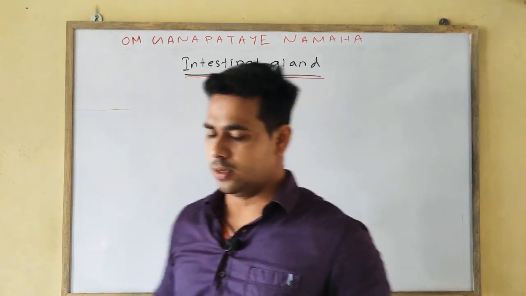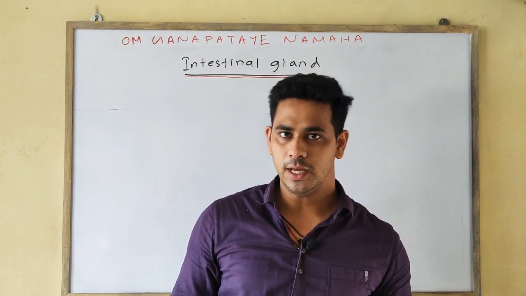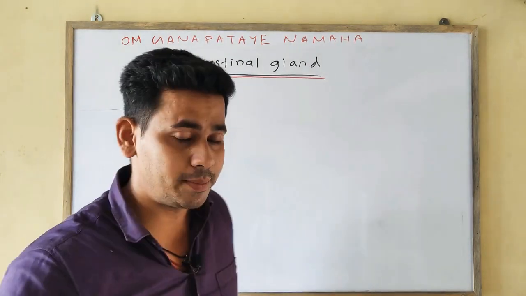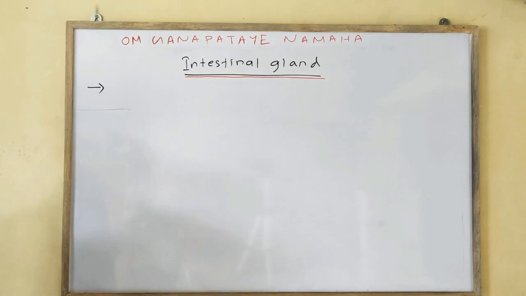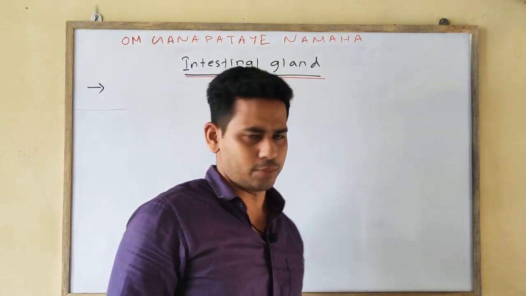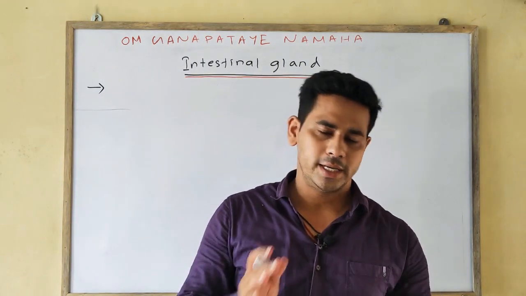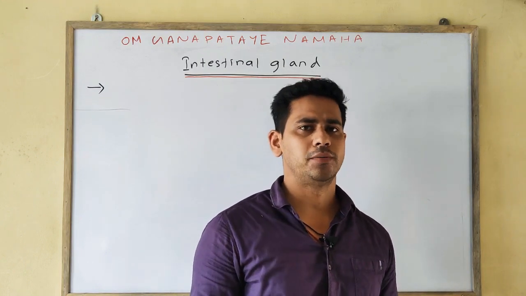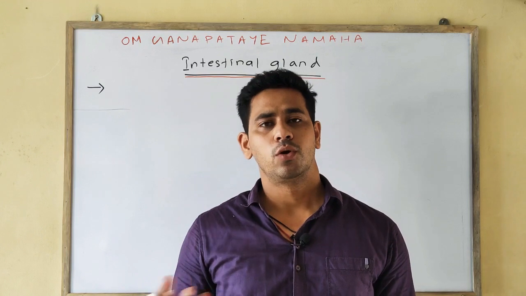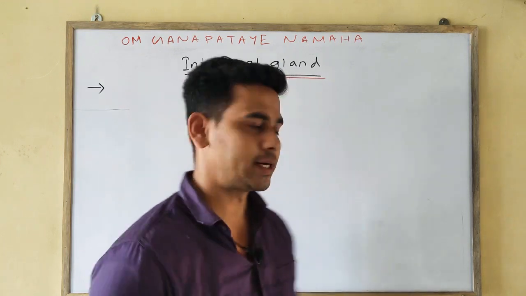Now the various components of the solid part of the intestinal juice. The inorganic components present in the succus entericus are sodium, potassium, calcium, magnesium, chlorides, bicarbonates, etc.